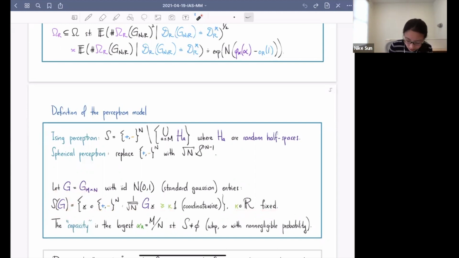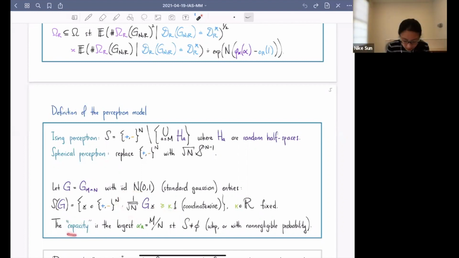So the rows of G correspond to the normal vectors of these random half spaces, and the scaling is such that each entry of this vector will be a normal random variable with variance 1. So it's correct to take kappa to be a constant scale.